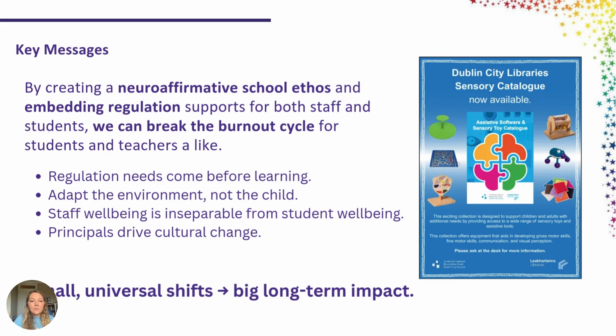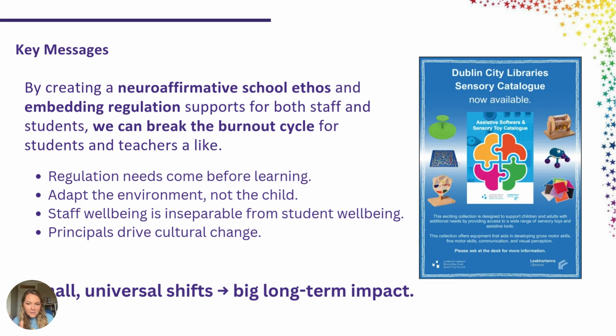Regulation needs come before learning. We need to adapt the environment, not the child. Staff well-being is really important for student well-being, and the principal drives cultural change. So when we make small universal shifts, it leads to big long-term impact.